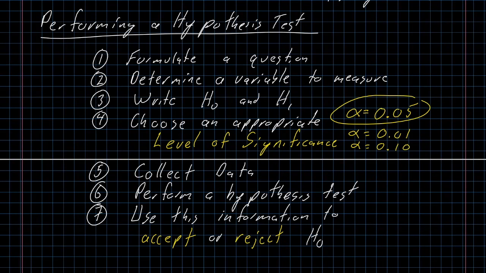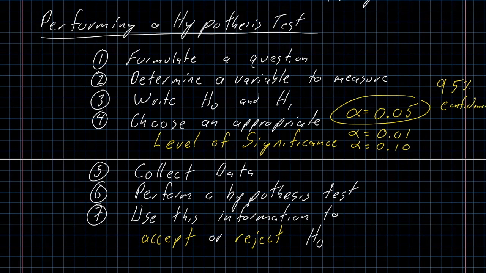All right, but 0.05 is far and away the most common. And thinking about how probability works, if alpha is the probability that you have the null hypothesis being true but you reject it anyway, well, 1 minus 0.05 is 0.95 or 95% confidence.